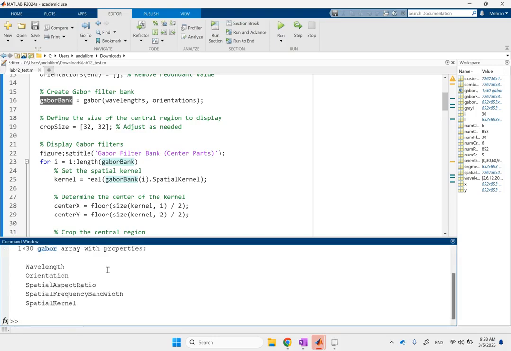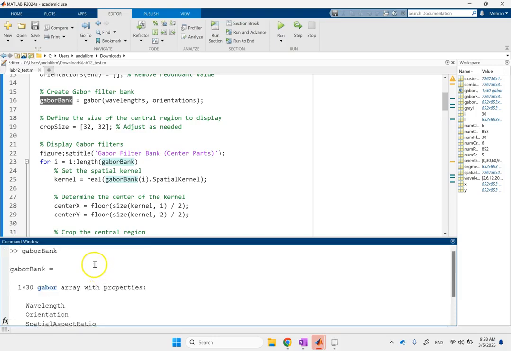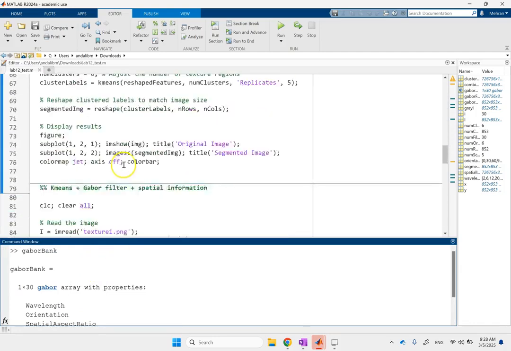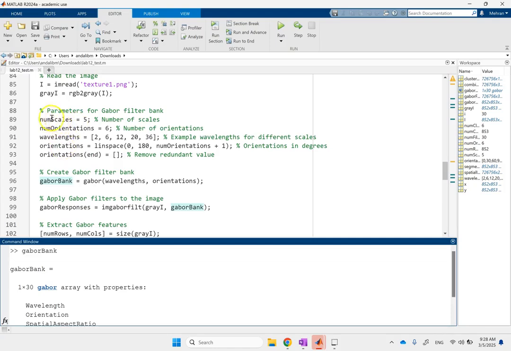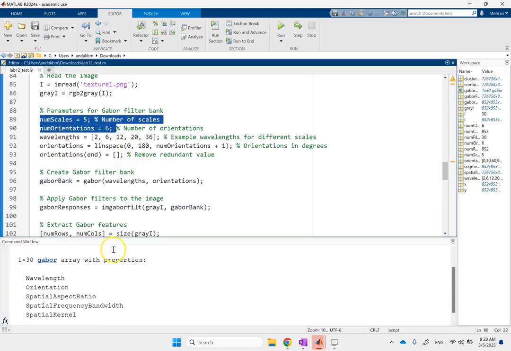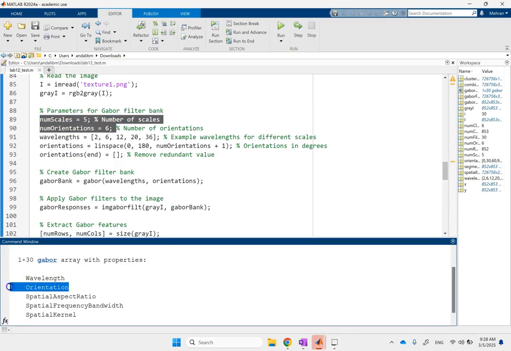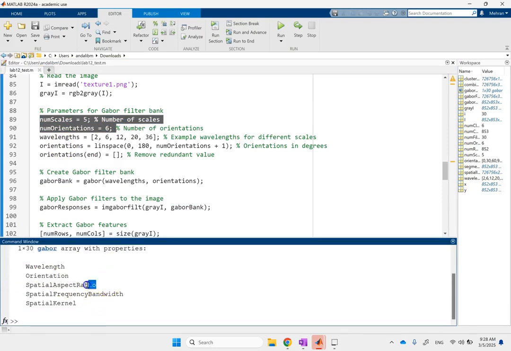It's a structure, right? 1 by 30 Gabor bank, and 30 because it's the second part that I use, 5 and 6. So you see there is wavelength in it, there is orientation in it, there is a spatial aspect ratio in it, and there is a spatial frequency bandwidth. So you can change that gamma if you want to. We didn't change it, but we can.